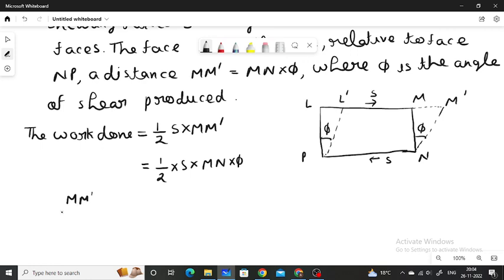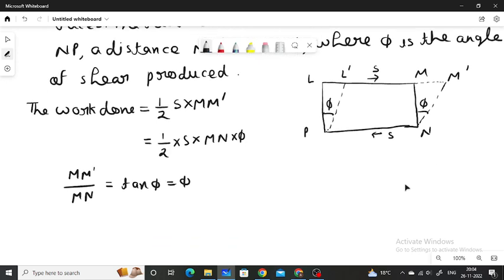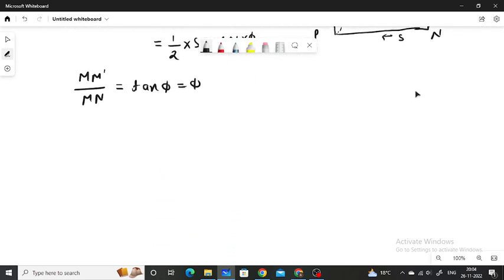Here MM dash upon MN is equal to tan phi, or equal to phi because phi is very small.